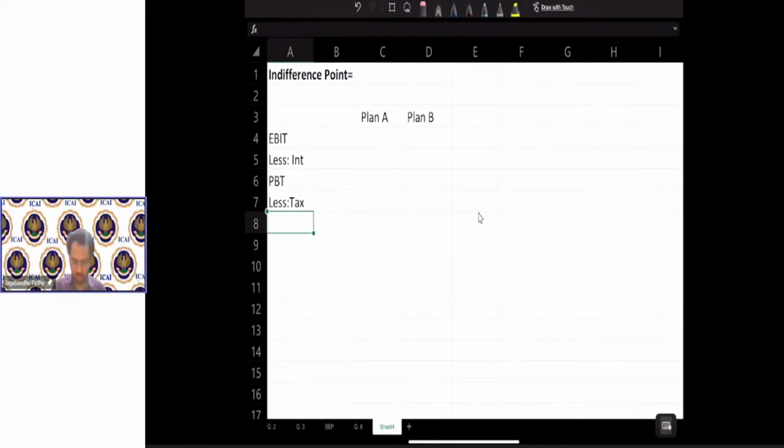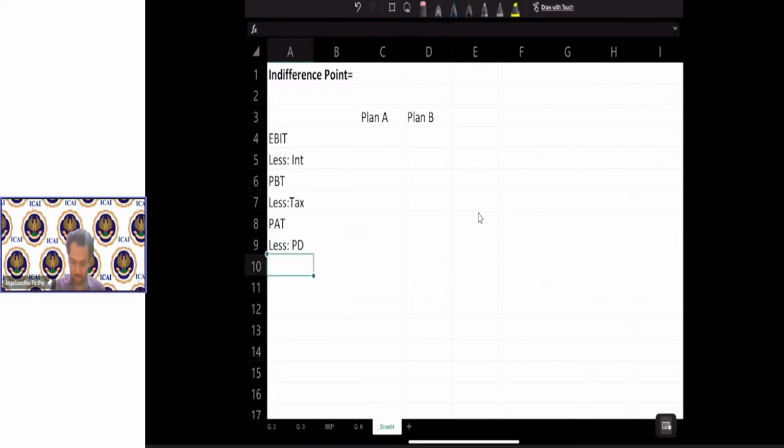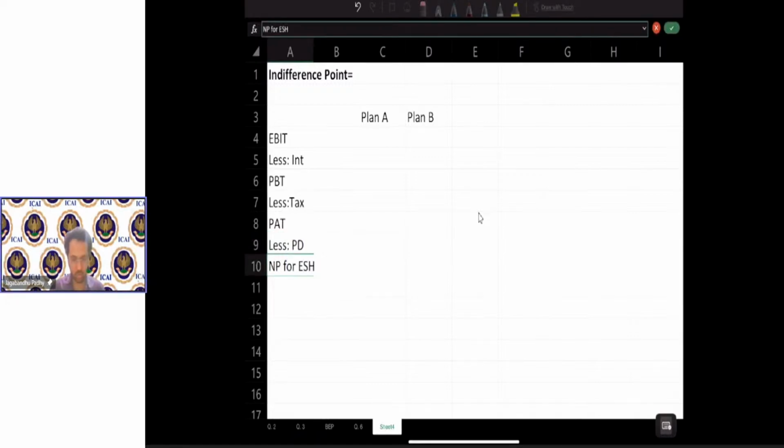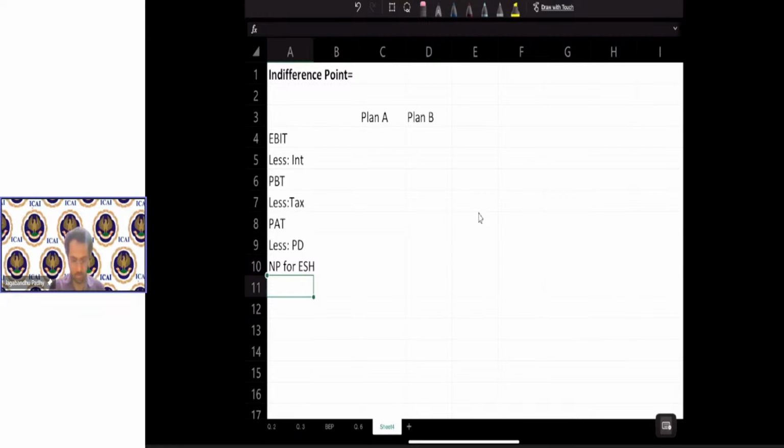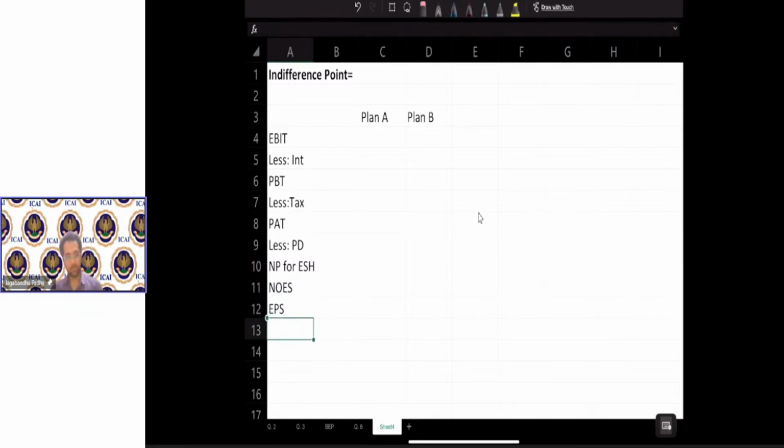Then you get a profit after tax. From that, you reduce the preference dividend. Then you have net profit for equity shareholders divided by the number of equity shares. And then you have the EPS. So EBIT less interest, PBT, tax, PAT, net profit for equity shareholders, number of equity shares, and EPS.